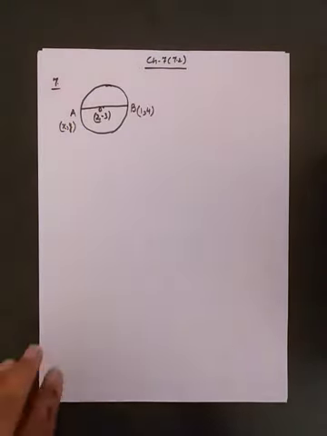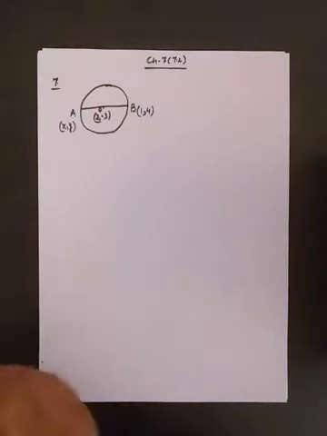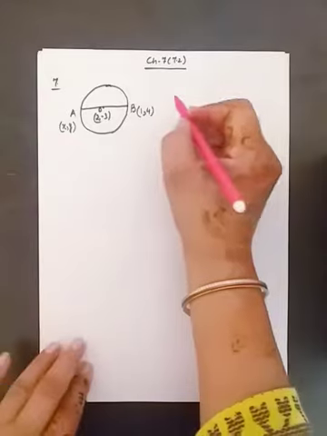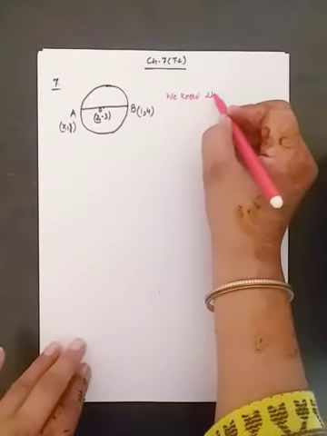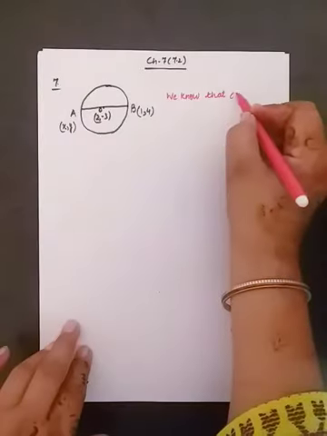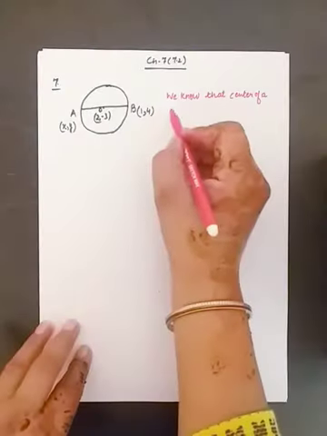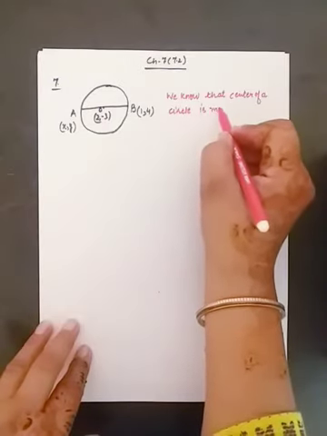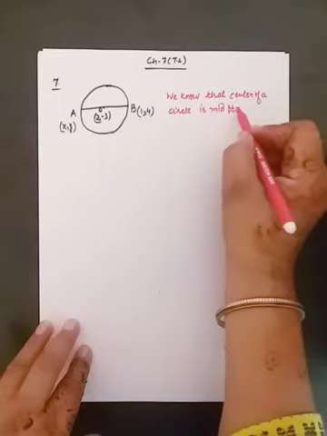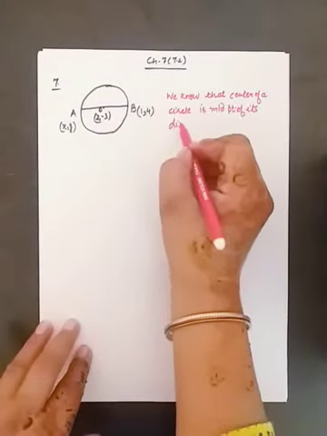As we know that, here we have to write a property. We know that the center of a circle is the midpoint of its diameter.